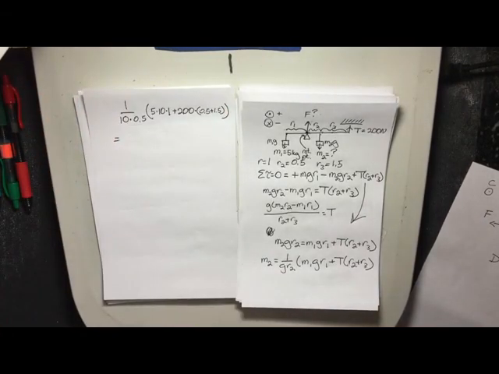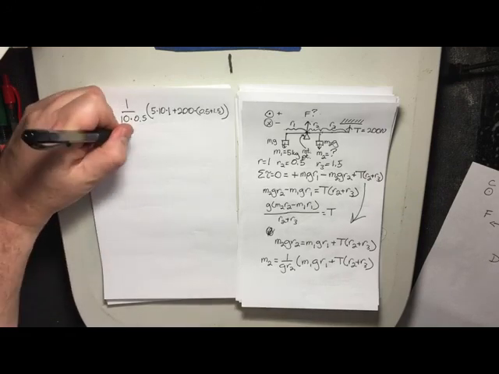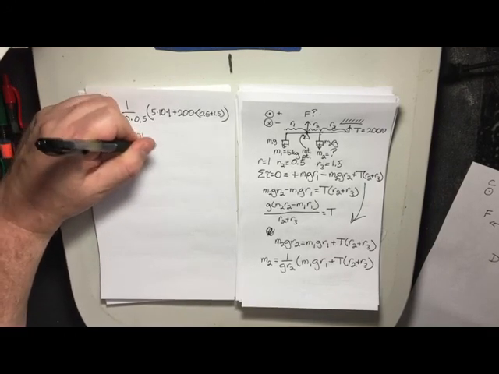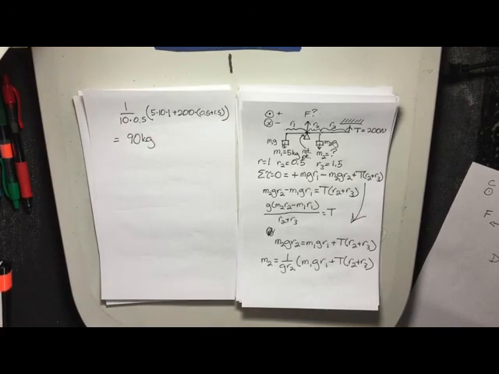And I get this. My total answer is 90 kilograms. And that's the mass of 2. So all it is, is the hard part, setting it up. Once you've set it up, you can solve for any of the variables.